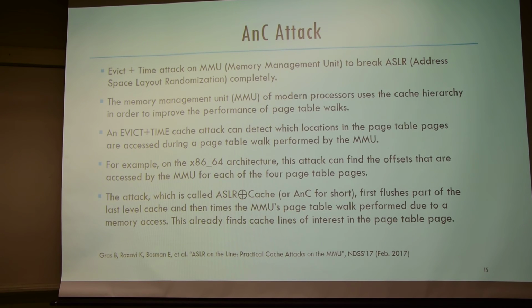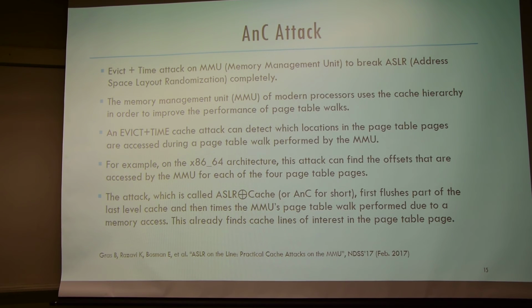This one, the ANC attack. This is a paper published last week, the state of the art. In this paper, they use the evict and time attack, which we talked about in the previous slide, to attack the memory management unit to break address space layout randomization completely.